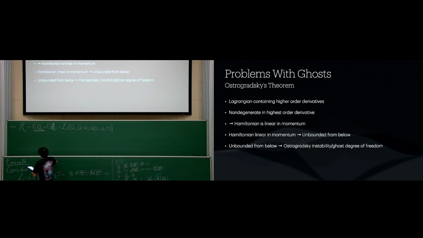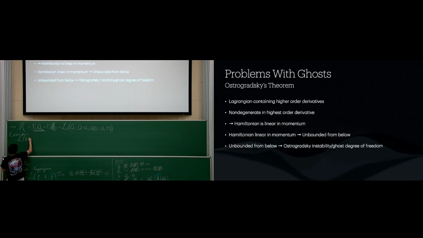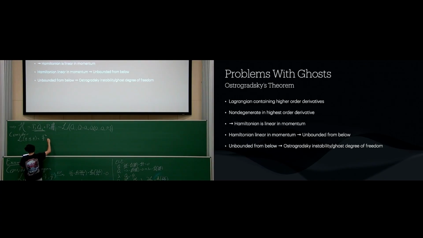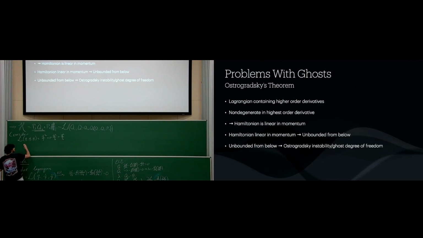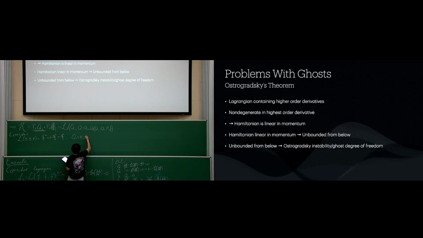So now consider that the Lagrangian of Q dot, Q double dot is of this form: Q double dot squared over 2 plus sigma Q dot squared over 2 minus Q squared over 2. Looks very familiar. As we did down here, we define Q1 as Q and Q2 as Q dot.